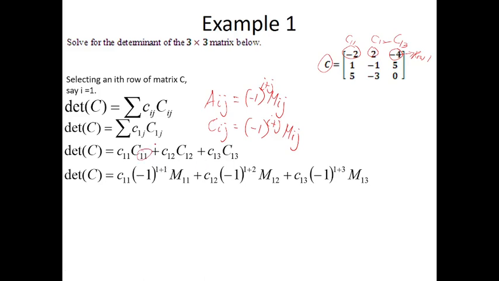Kasi 1, 1 eh. So, 1 plus 1, ito siya, M11. Okay? Then, C12, 1 plus 2, M12. Okay? Ayun. Then, C13, negative 1 raised to 1 plus 3, and then M13. Ayan. So, yun ang lumabas.